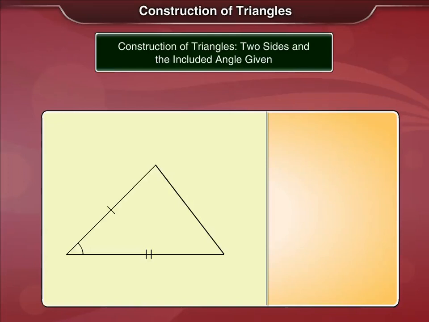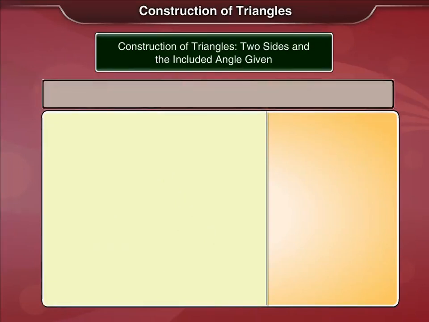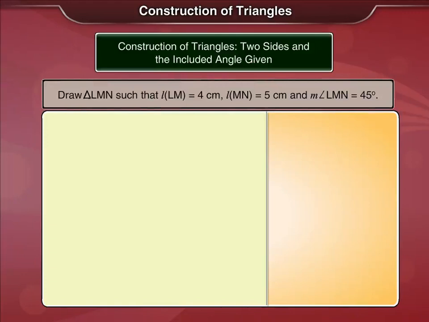First, let's draw a rough diagram of the required triangle. Now, let's write the lengths of the sides of the triangle and the included angle in the rough diagram.